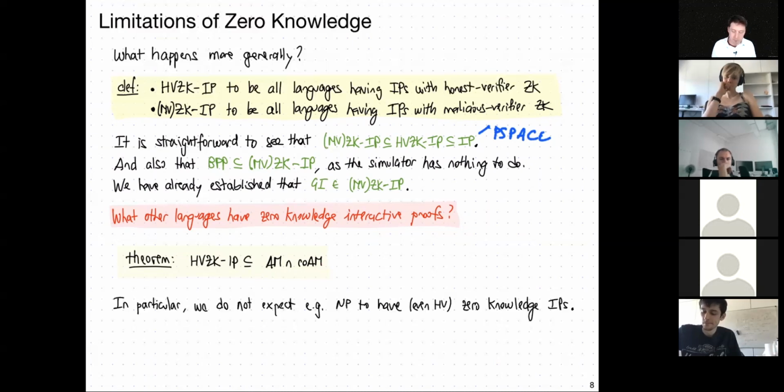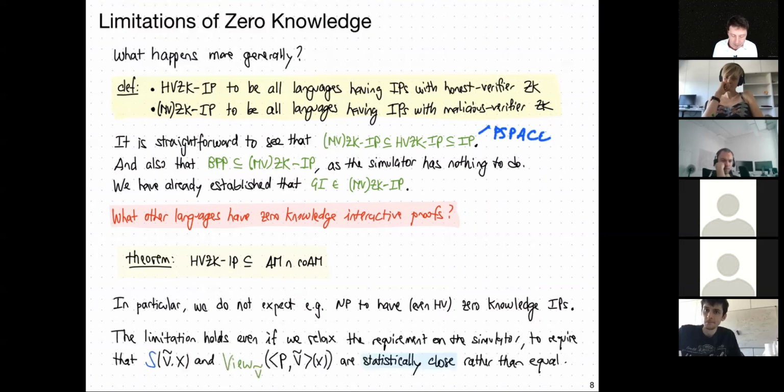And for reasons that have to do with complexity theory that we're not going to get into in this course, anything that is inside this intersection is not expected to be NP-complete. Therefore, we do not expect NP to have even Honest-Verifier zero knowledge interactive proofs, which is pretty annoying. And this is true even if we relax the requirement of the simulator to require that the simulated view and the real view are statistically close rather than equal. Okay?